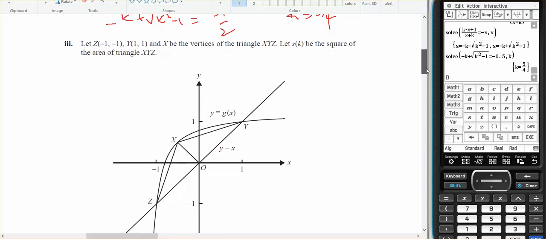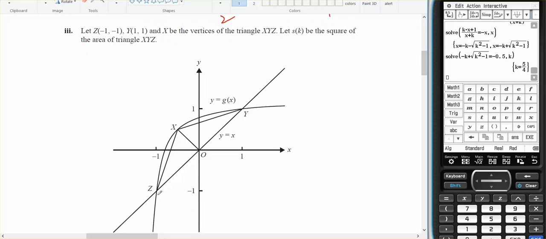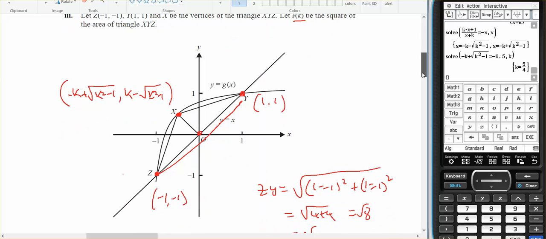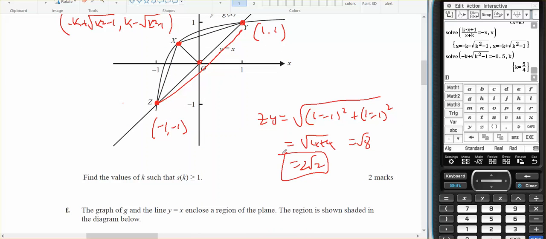Okay, let z be negative 1, negative 1. Let y be 1, 1, so it's on the line y equals x. And let the vertices of the triangle be, let s. So the distance going from 1, 1 to negative 1, negative 1 is a distance of 2 root 2.